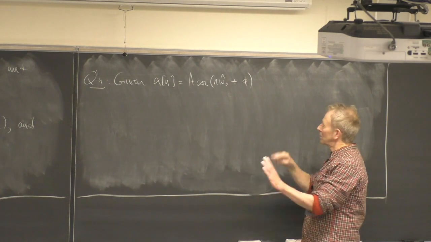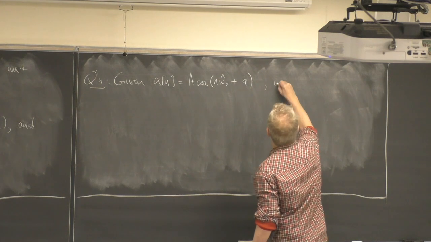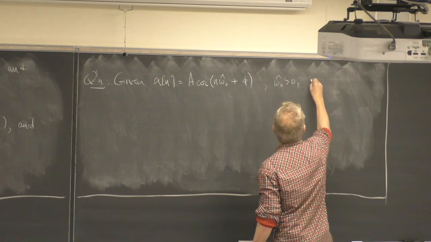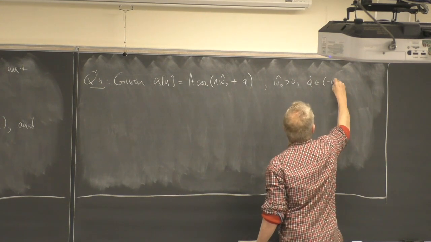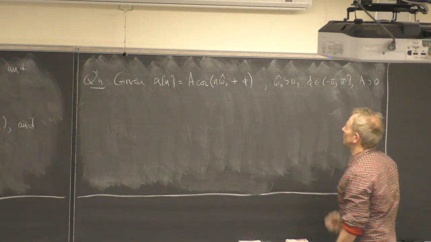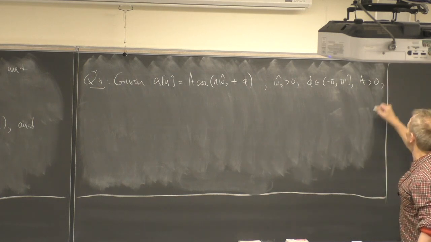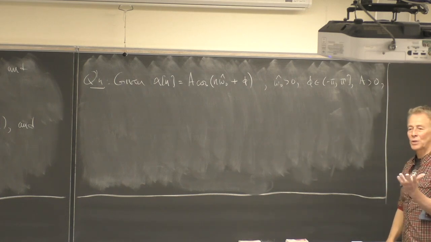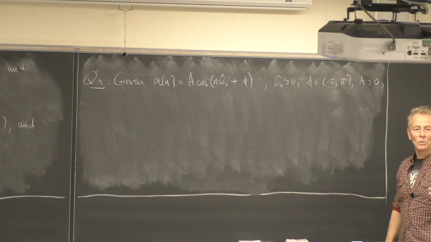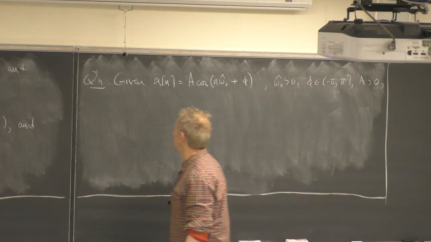I'm not telling you what omega 0 hat is. It's just positive: omega 0 hat is bigger than 0. Phi is in minus pi to pi. A is bigger than 0. That's all you know about that. Given that, what happens when we put that discrete time signal through the magic box, the Sinc function interpolator with some interpolation interval Ts?